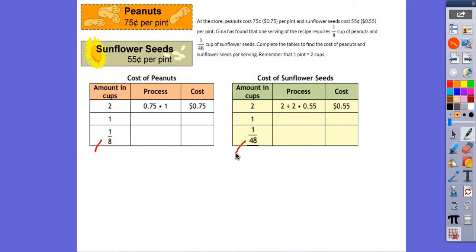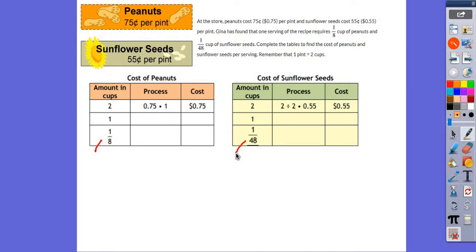So our price here says 75 cents per pint is peanuts and 55 cents per pint is sunflower seeds. I need to see how much the price of peanuts is in this bag. Not for 6 of these bags, for this bag.